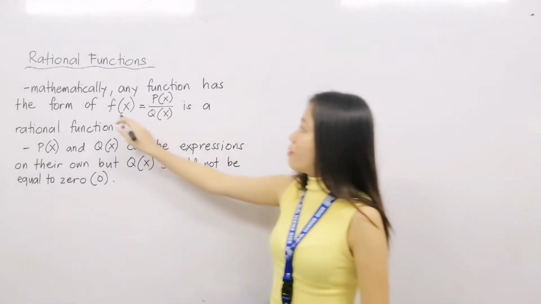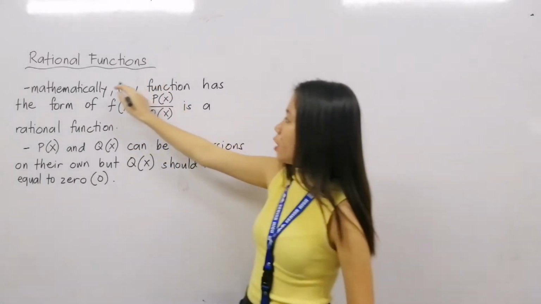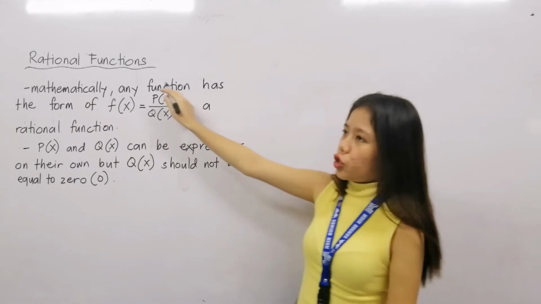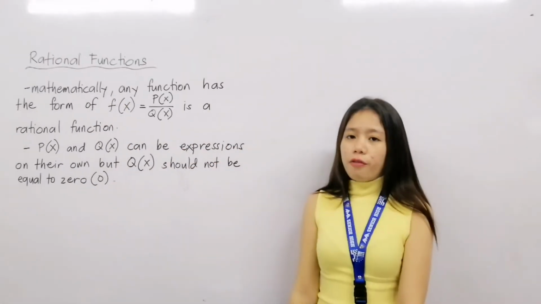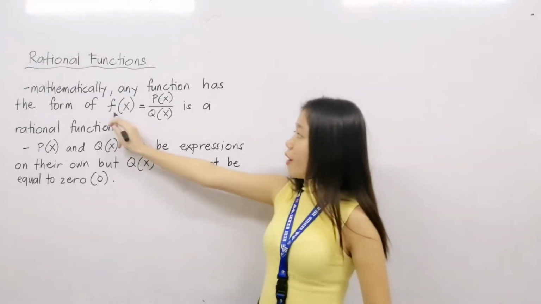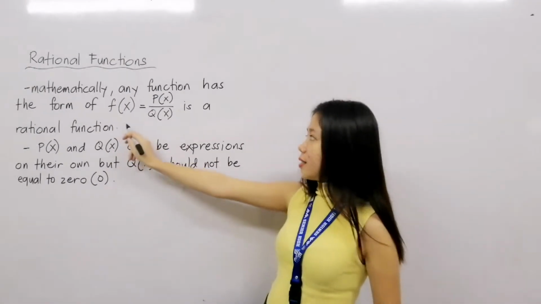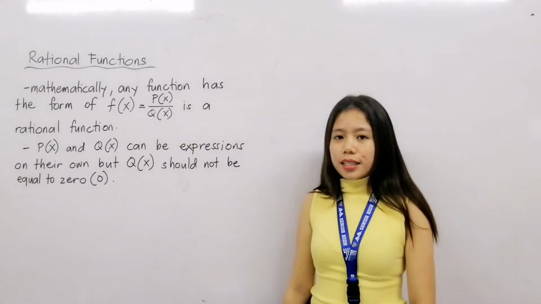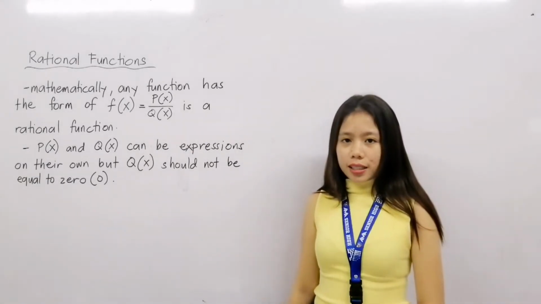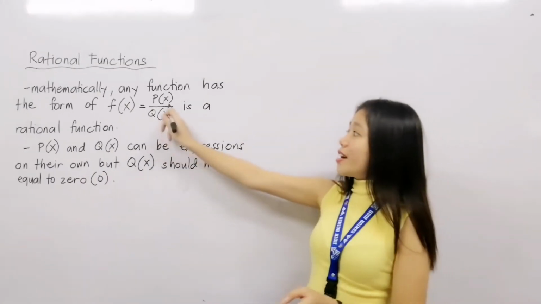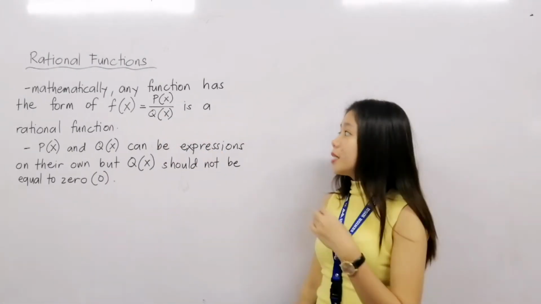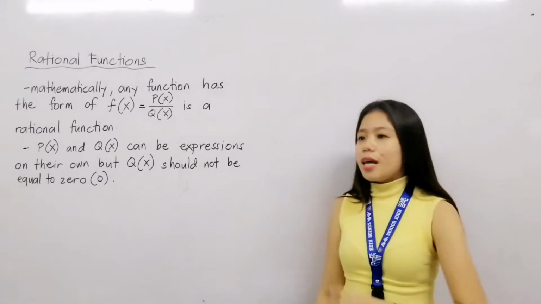This is the standard notation or standard form of a rational function: f of x is equal to p of x over q of x. P of x is our numerator, while q of x is our denominator.